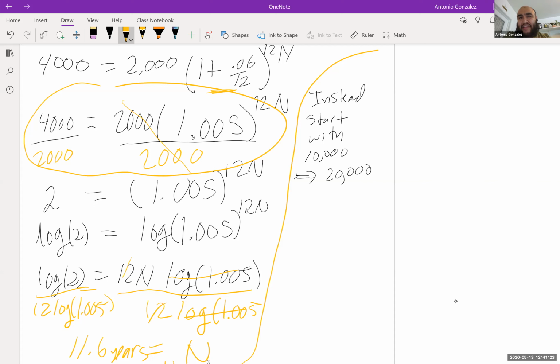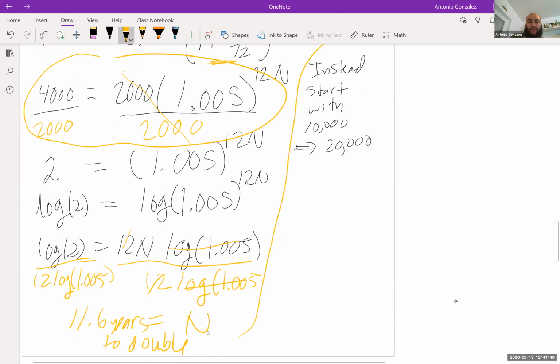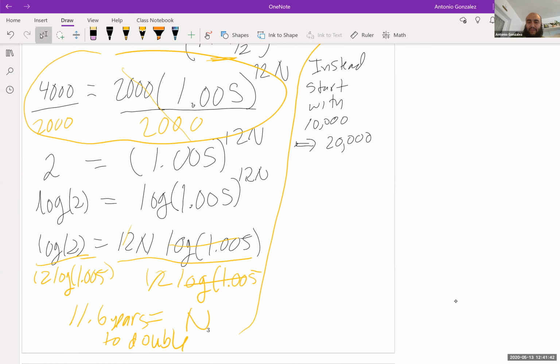So the initial amount that you start with is not important in relative terms. If I want to find out when it doubles or triples or whatever, that initial amount is essentially irrelevant. You can just ask how long it would take your money to double. So it still takes 11.6 years.